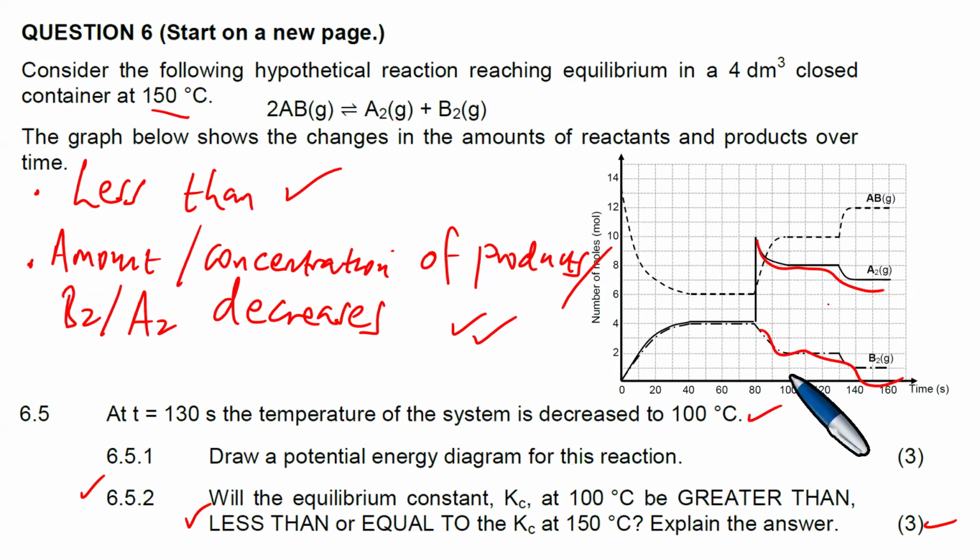Okay, and also, we're looking at T equals 130 seconds. A2 and B2 decrease. So the fact that the concentration of the B2 and the A2 decrease means that if you decrease the temperature, the concentration of the products also decreases.